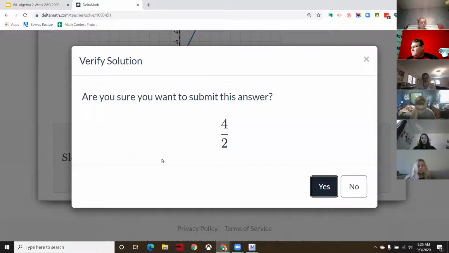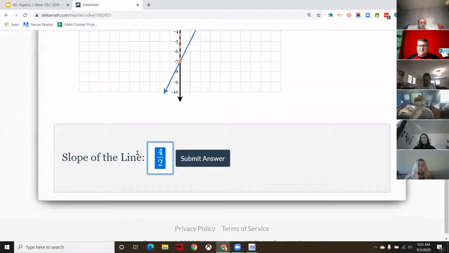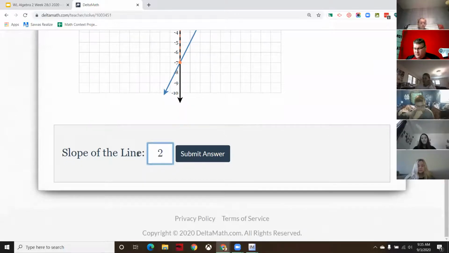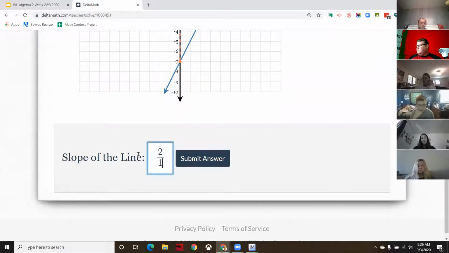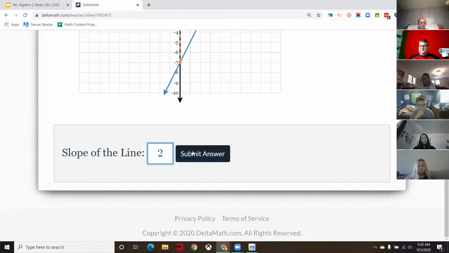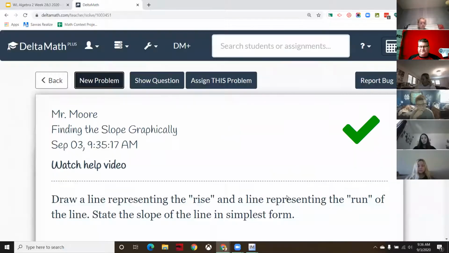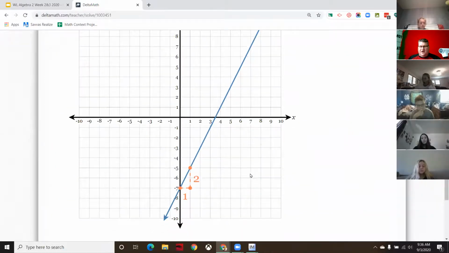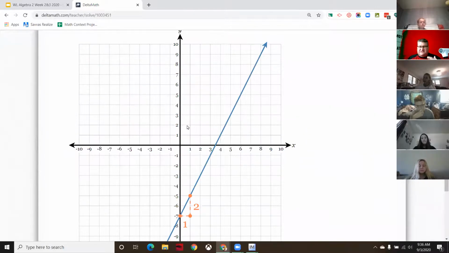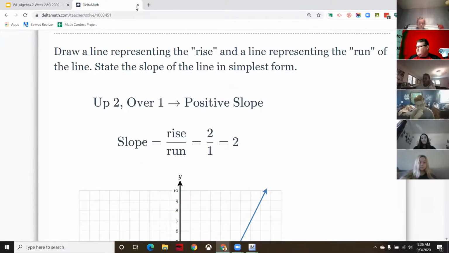Yes or no? Shake your head. Simplify. No, Austin, do this. No, because 4 over 2 needs to be reduced to 2 over 1. No, good job, Austin. It's just 2. There we go. Okay, so is everybody good with that?